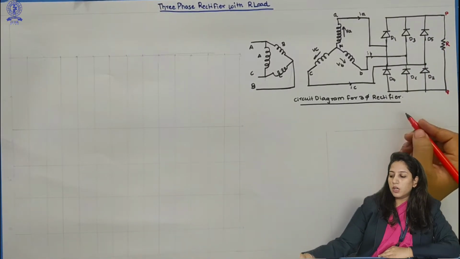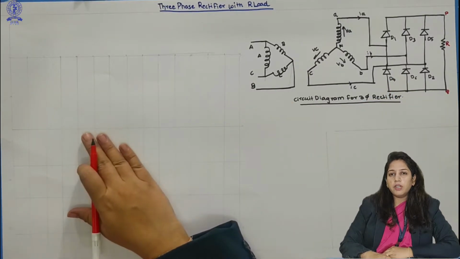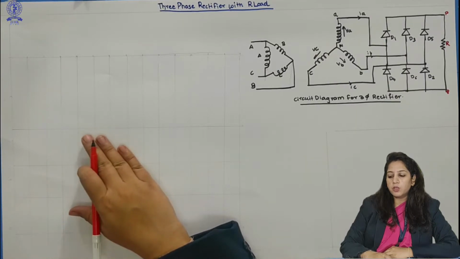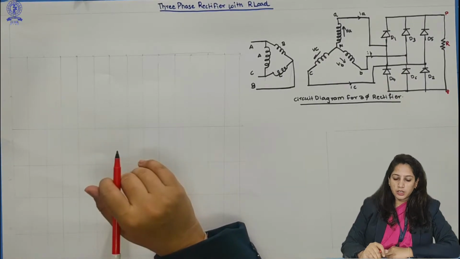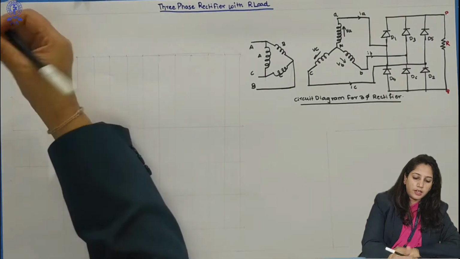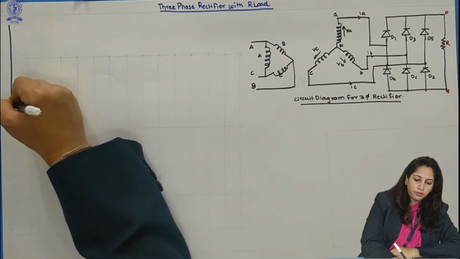First I will draw a wave diagram, and then we will discuss the positive group of diodes and the negative group of diodes, and afterwards you will come to know how the conduction takes place. So first I will draw a diagram for the input wave.